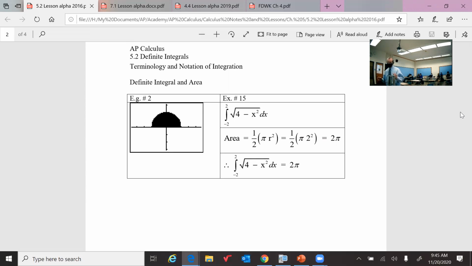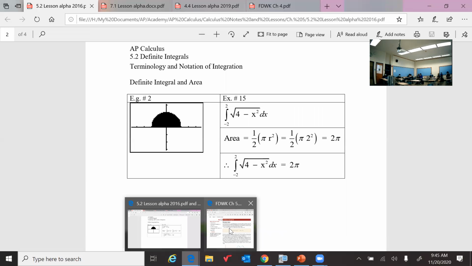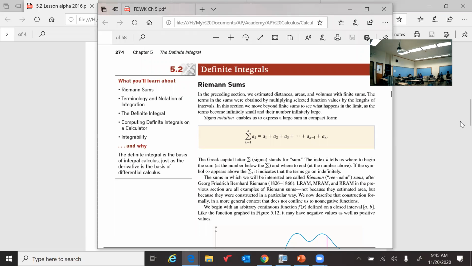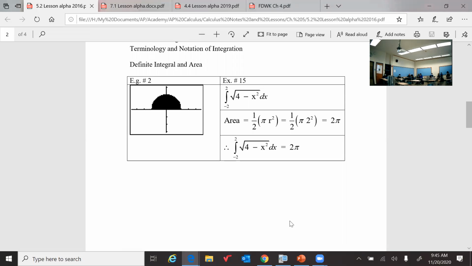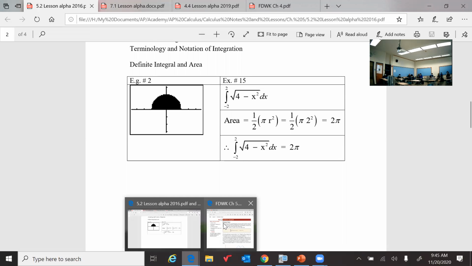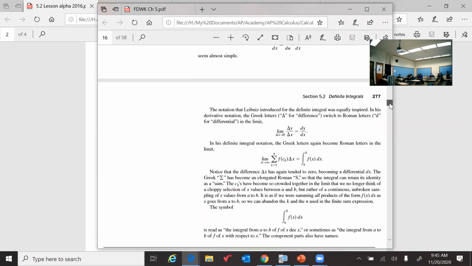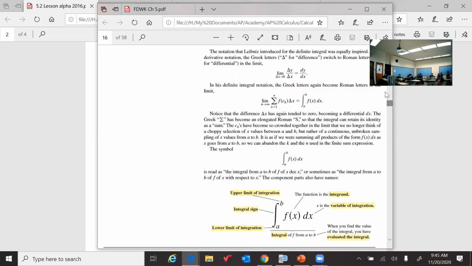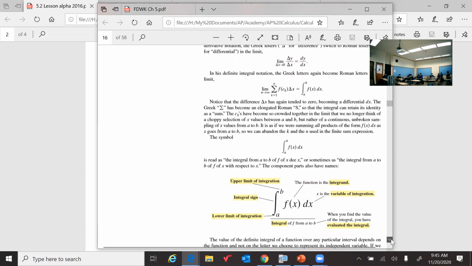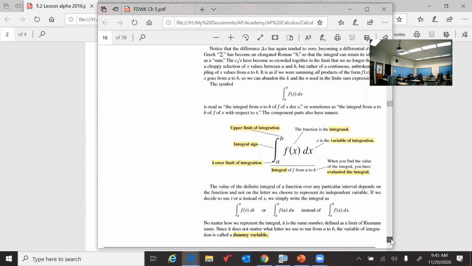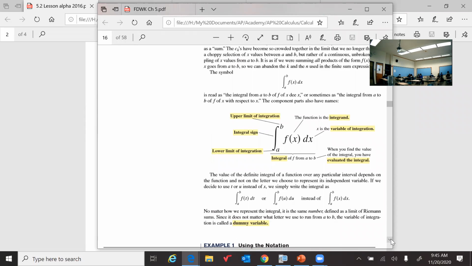So the notation is here. This is what the question looked like. We're on page 277.